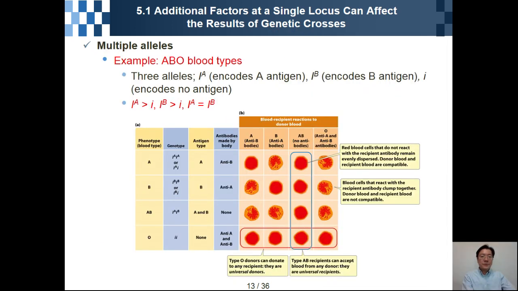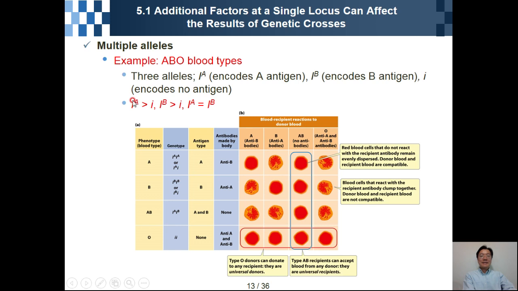This slide will also show another case of multiple alleles. The example is ABO blood type. There are 3 alleles involved in ABO blood type. One is large IA, which encodes A antigen, and large IB encodes B antigen, and another allele is small i, which encodes no antigen.